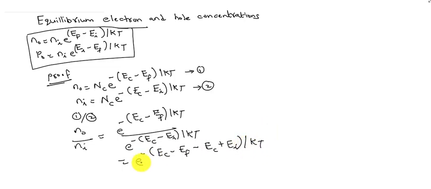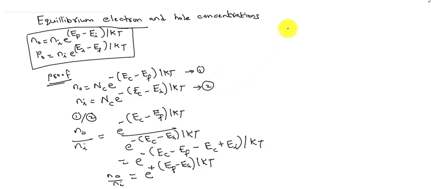Ec gets cancelled, and taking the minus inside, this becomes e raised to (Ef minus Ei) by kT. So n0 by ni is equal to e raised to (Ef minus Ei) by kT.